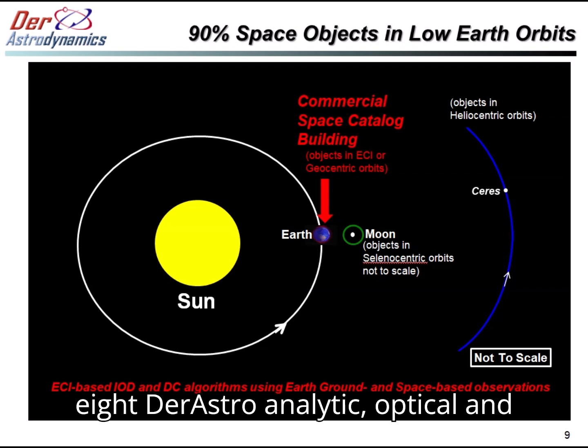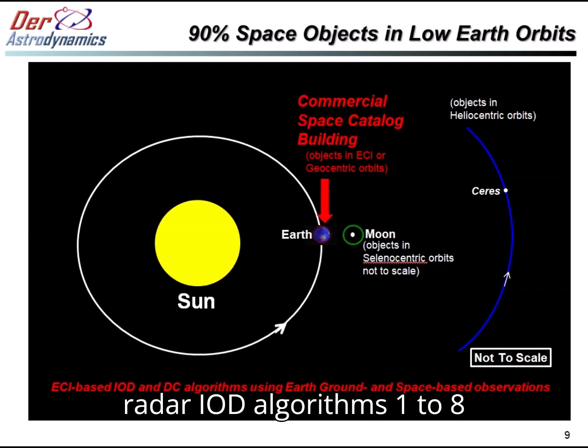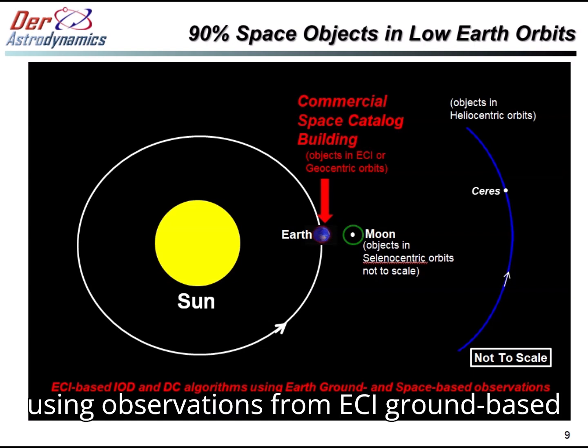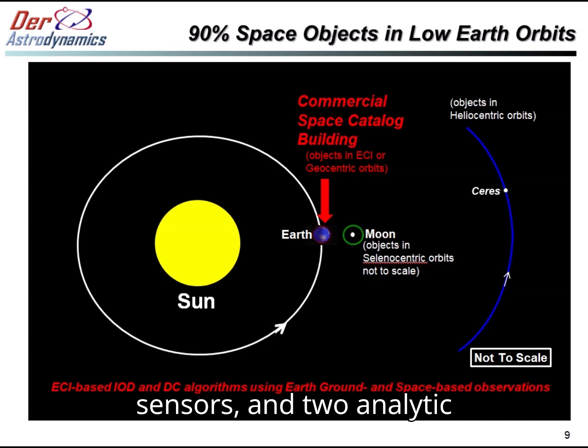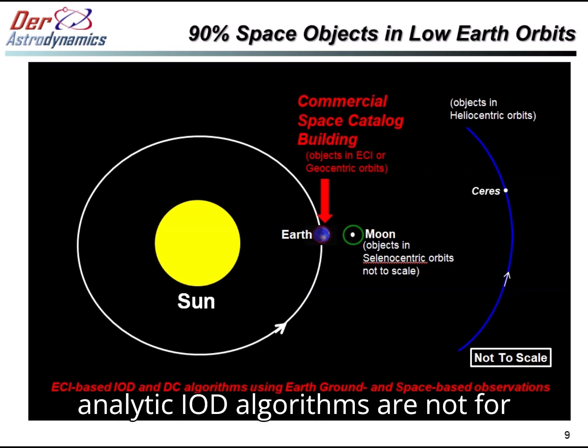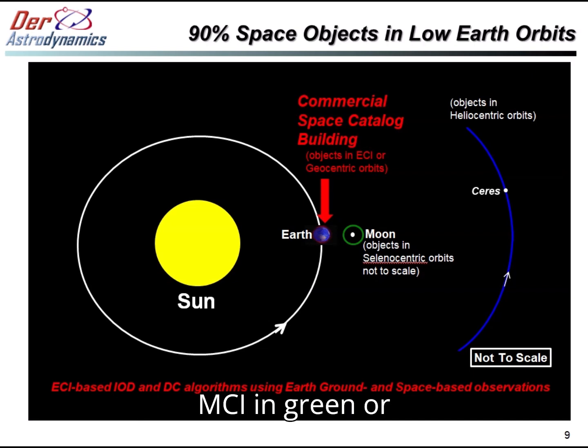The 8 terrestrial analytic optical and radar IOD algorithms, 1 to 8 using observations from ECI ground-based sensors, and 2 analytic optical IOD algorithms, 1A and 2A, using observations from ECI space-based sensors, aim to deduce ECI initial state vectors as input to DC. These 10 analytic IOD algorithms are not for MCI in green or SCI in blue applications.